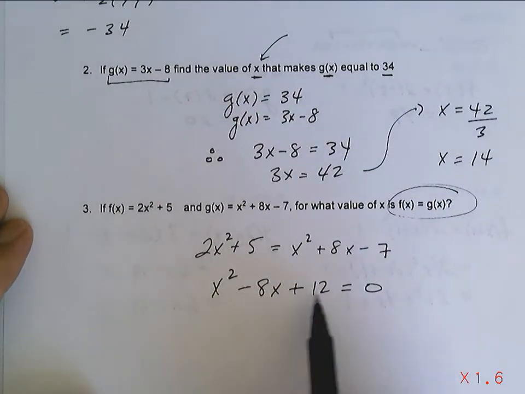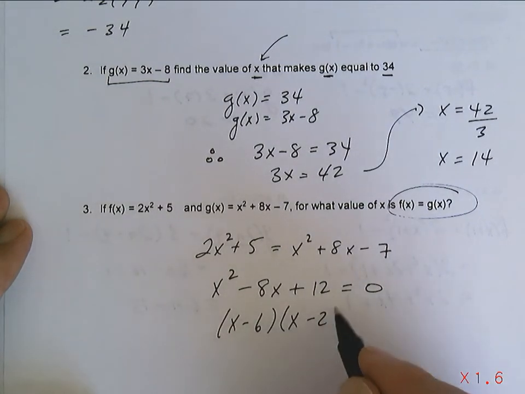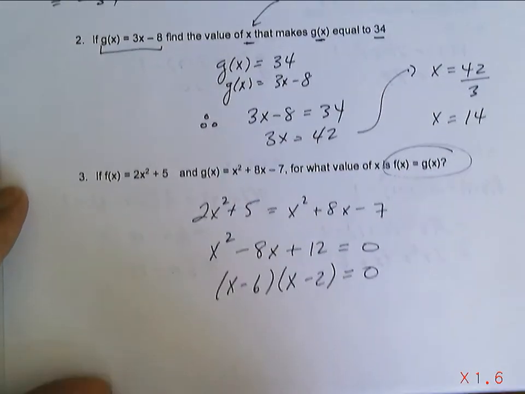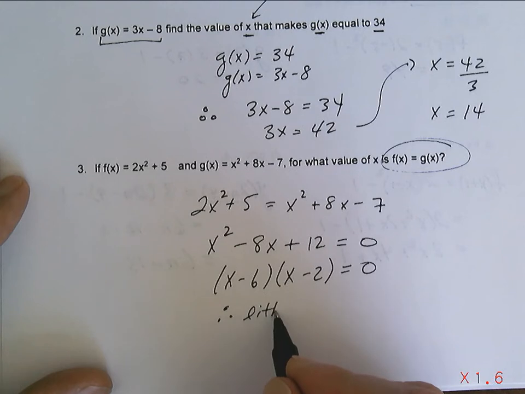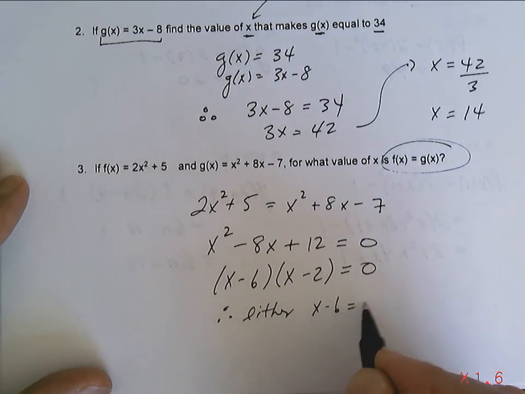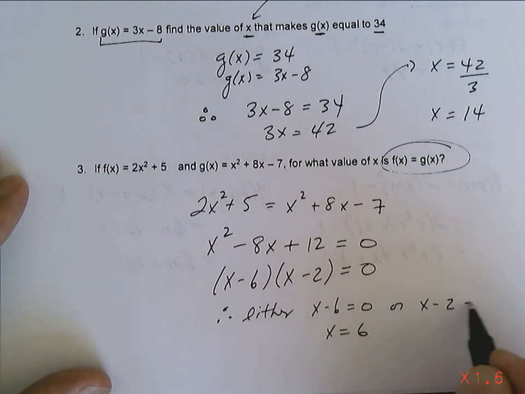Remembering how to solve a quadratic. Remembering how to factor. Therefore, either x minus 6 equals 0, in which case x equals 6, or x minus 2 equals 0, x equals 2.